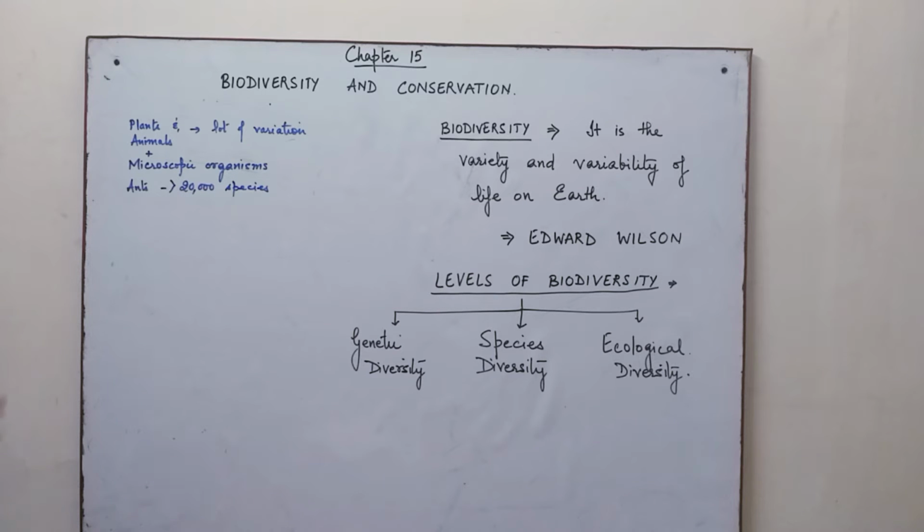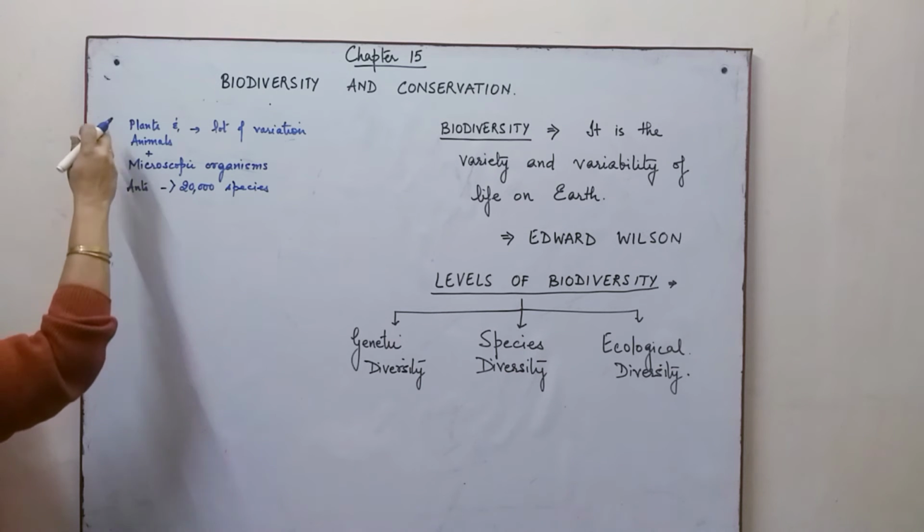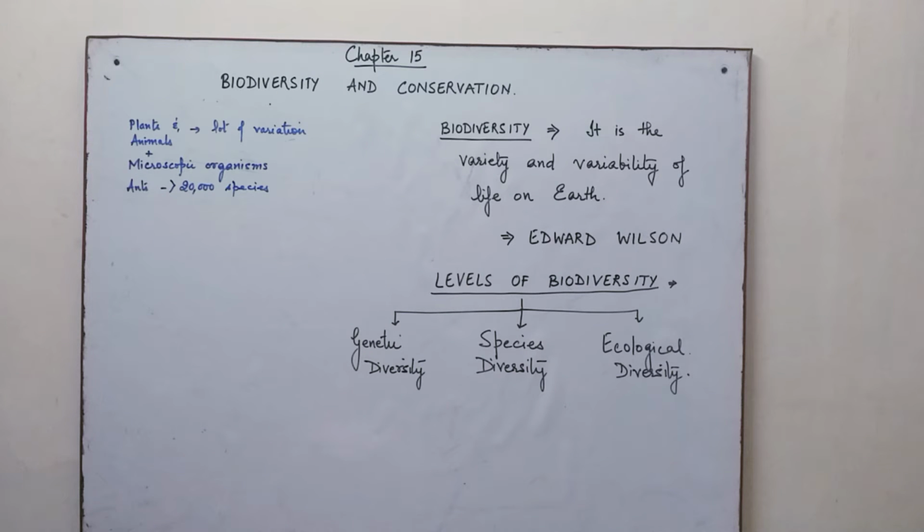So there is a lot of variety when we talk of the organisms that are inhabiting this planet. Now, India is also a mega diverse country which has nearly 45,000 species of plants and 91,000 species of animals. So we are also very rich because we have a hugely diversified variety of plants and animals.